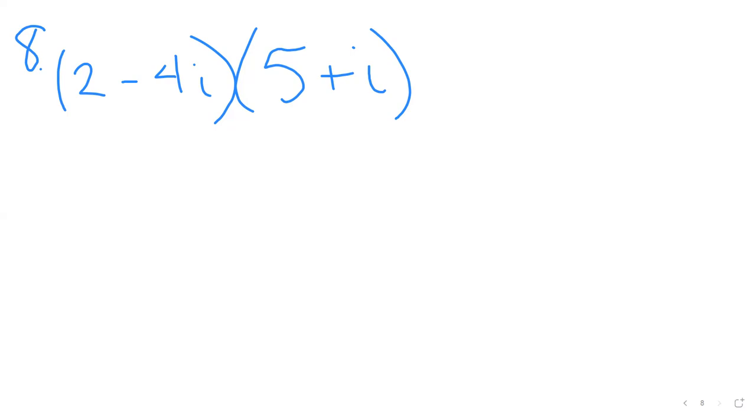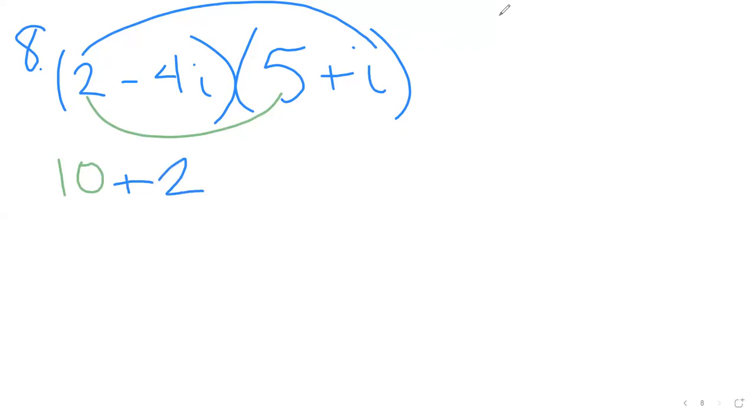So first, outer, inner, last. Our first two terms, 2 times 5 for 10. Outer term, 2 times i for plus 2i. Inner term, negative 4i times 5 for negative 20i.